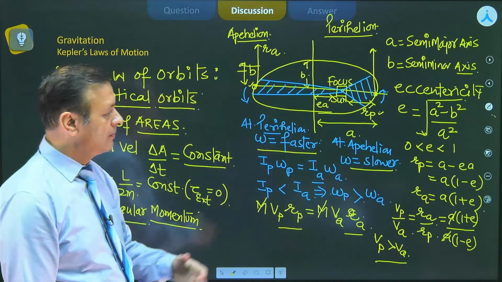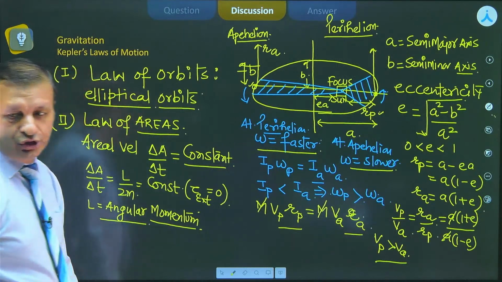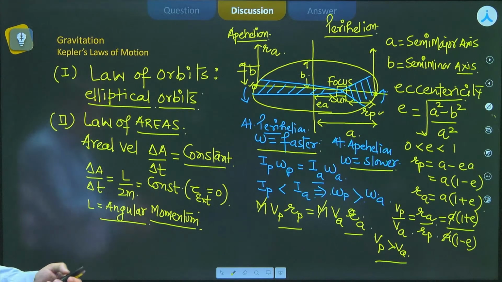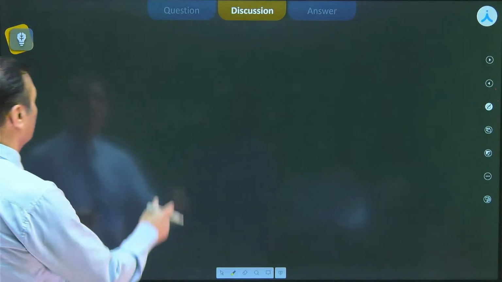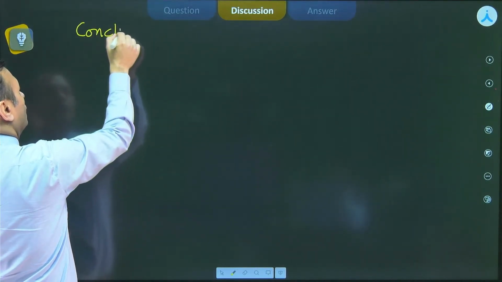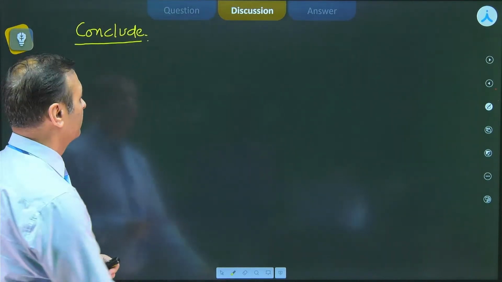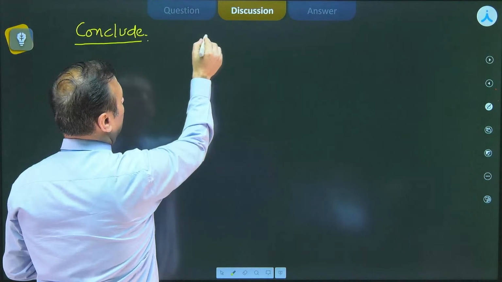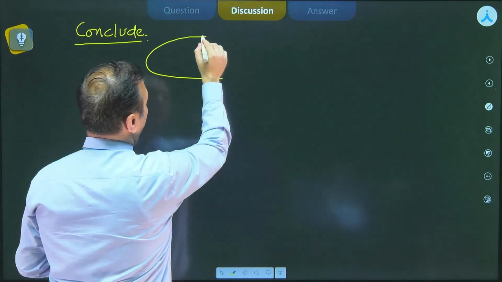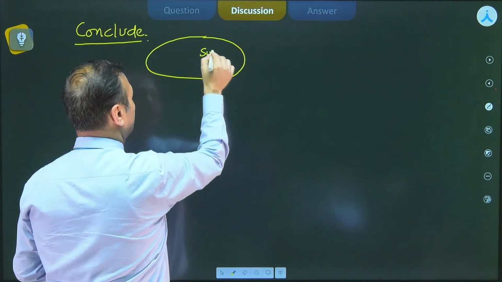So now let's conclude this law very well. This is your elliptical path, the sun is somewhere here.